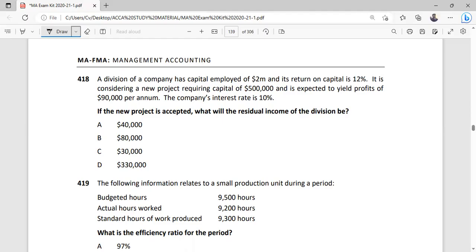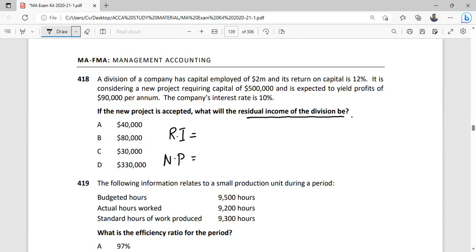If the new project is accepted, what will be the residual income of the division B? Residual income is equal to operating profit minus notional profit.